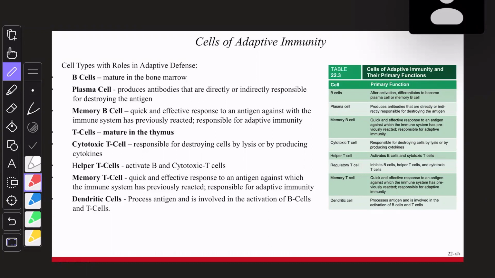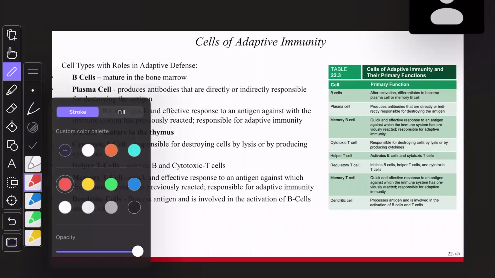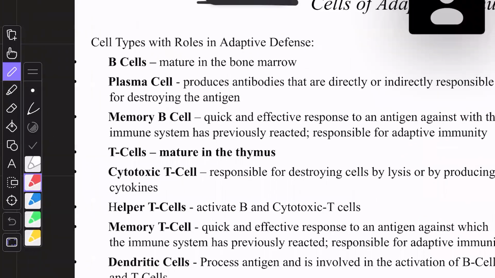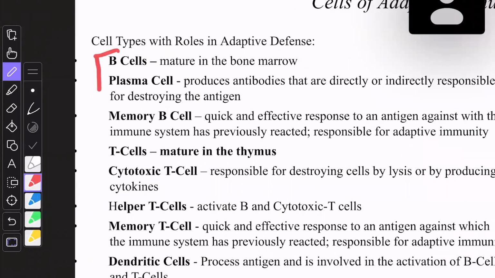Now, there are some groupings I want you to pay attention to here. B cells, plasma cells, and memory B cells all go together. A B cell actually becomes a plasma cell, and the plasma cell then makes antibodies.